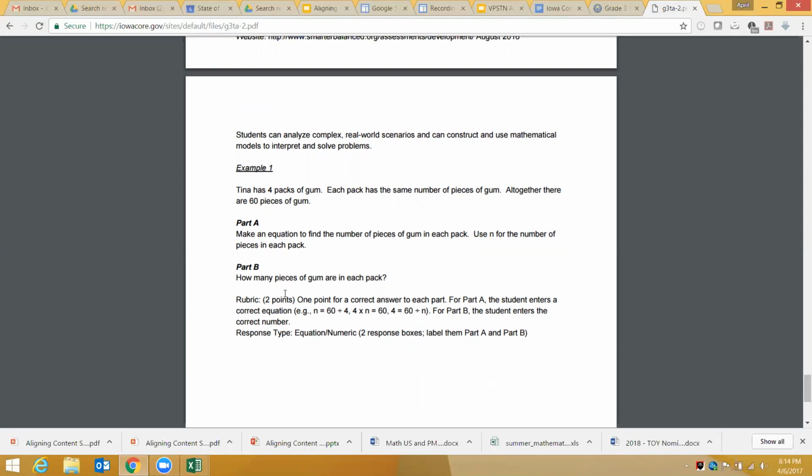So the rubric says to give the student 2 points, 1 point for the correct answer to each part. For part A, the student would enter the correct equation that N equals 60 divided by 4, or they could also say 4 times N equals 60, or 4 equals 60 divided by N. For part B, the student enters the correct number, and then this would be a numeric response type.